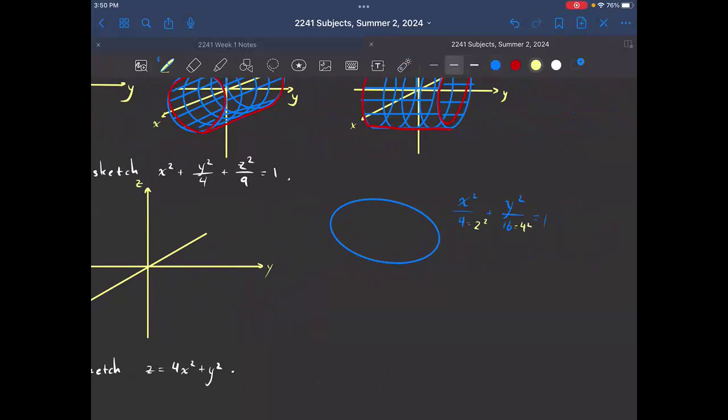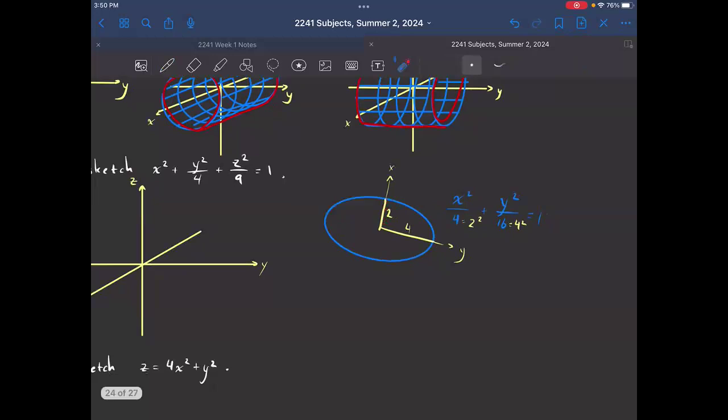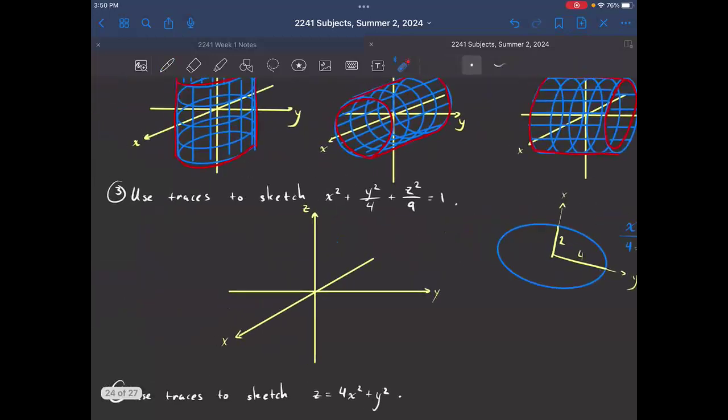And so the radii of the ellipse, this is 2, and this is 4. That's what those mean. And I kind of drew this in the wrong order. So this would be the x-axis, and this would be the y-axis. It's called the minor axis and the major axis, the minor radius, major radius.